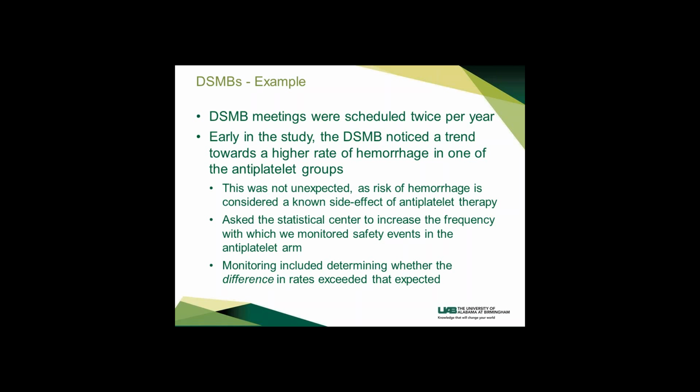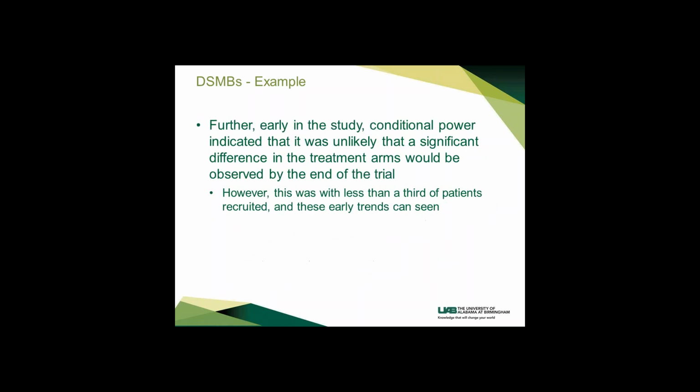So what we were looking at was whether the difference in rates exceeded what would be expected. We knew what to expect in monotherapy, and we wanted to know whether we were getting a rate of hemorrhage above and beyond what we might expect. So the DSMB asked the Statistical Center, my group, to increase the frequency with which we monitored events in that arm, and every 3 months we presented them with reports about safety.